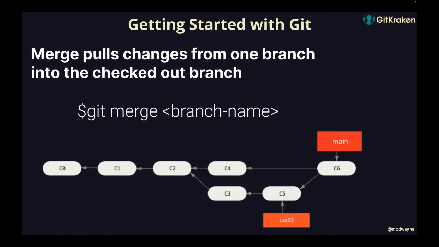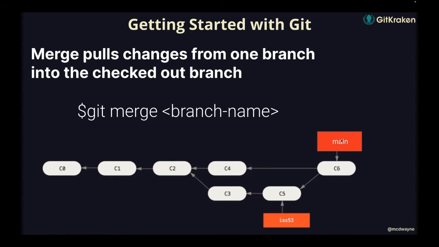Git merge then will get us to make those commits come back together and then make a new commit. So we were on the main branch here. Back here, we made a new issue, branched off to issue 53, and made two commits over here. Meanwhile, we made a commit on the main branch. And then C6 happened because we did a git merge.